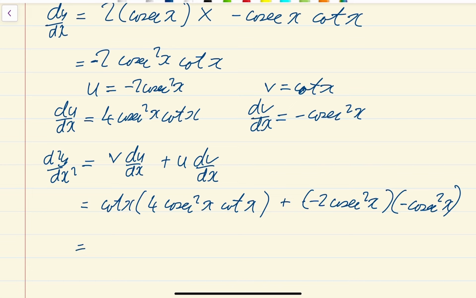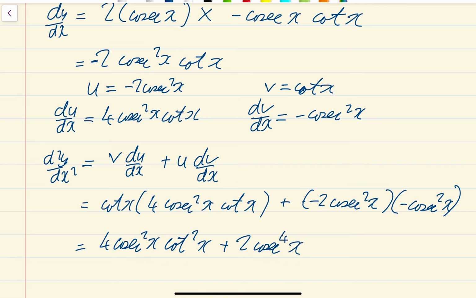So if you multiply this out, you're going to have 4 cosec squared of x times cot squared of x, and over here you're going to have plus 2 cosec to the power of 4 of x.